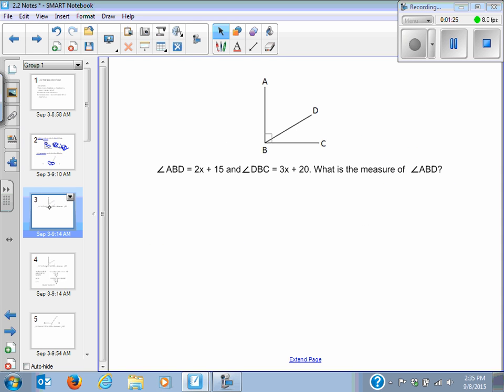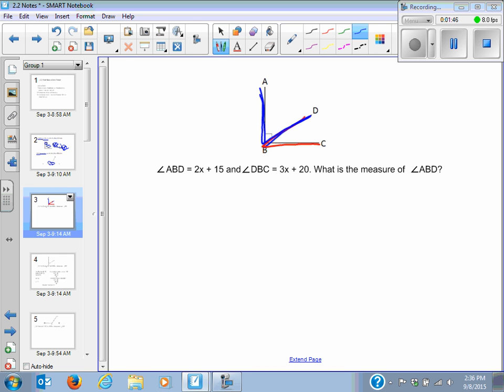All right, so our next problem, how can we use this? Well, we've got angle ABD, which is right here, and we have angle DBC, and together they're going to add up to that 90 degrees. But they want me to figure out what is just the measure of this angle right here.